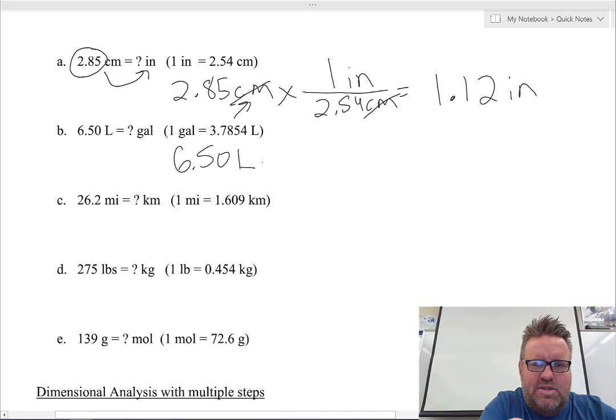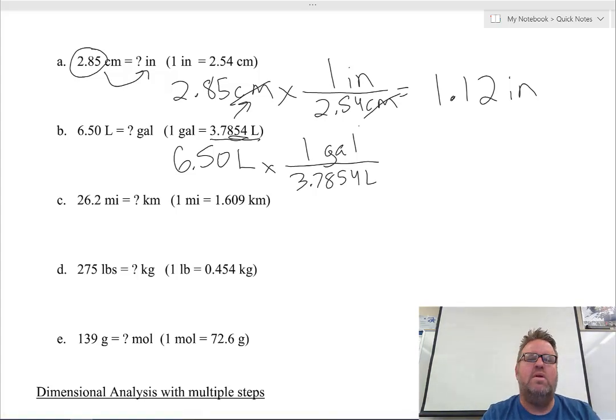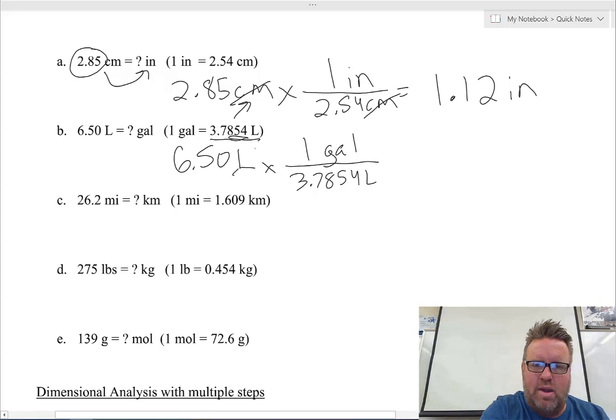We've got 6.50 liters. And again, I want to cancel liters, so the liters part has to go on the bottom. 3.7854 liters in 1 gallon. So there's almost 4 liters in a gallon, just like there's 4 quarts in a gallon. I'm going to take 6.50, multiply by 1, and then divide by 3.7854.